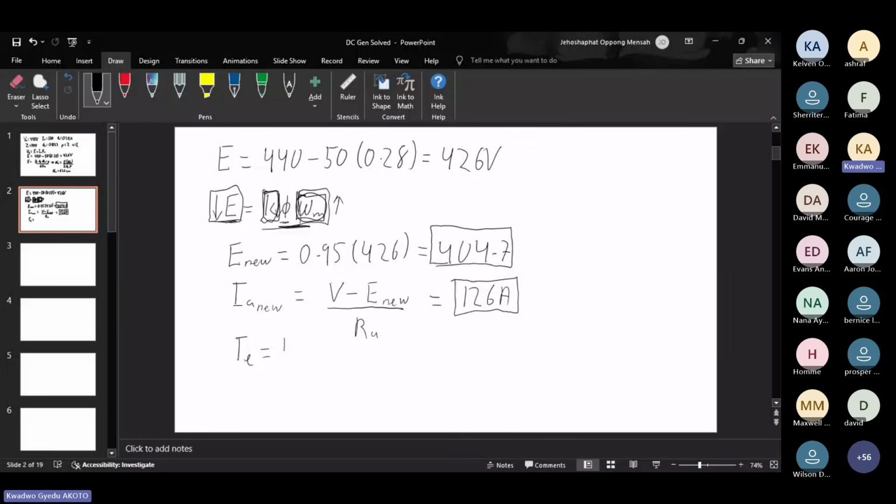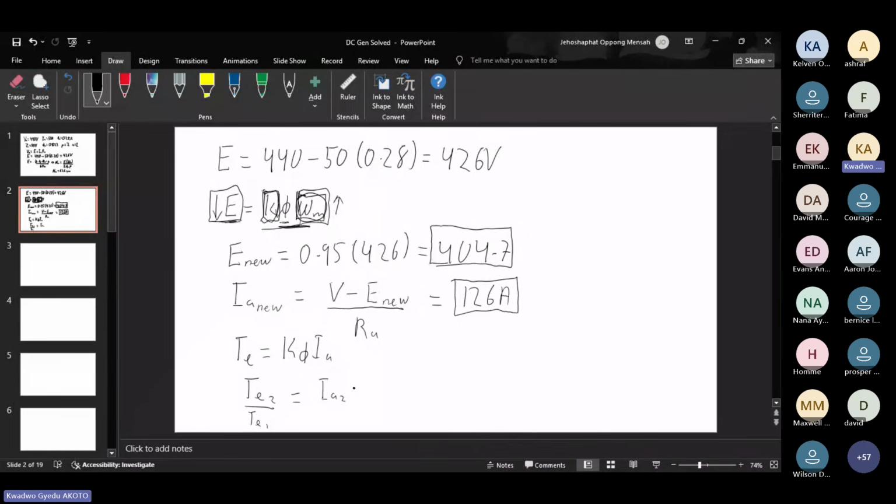So TE2 on TE1, which is the ratio of our new torque to our old torque, is going to be IA2 on IA1 times phi 2 on phi 1, right?